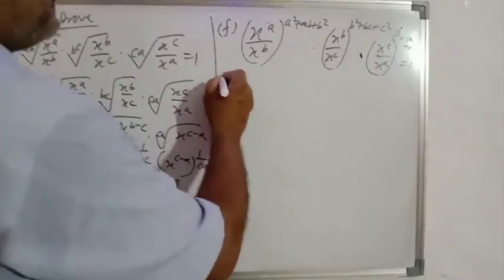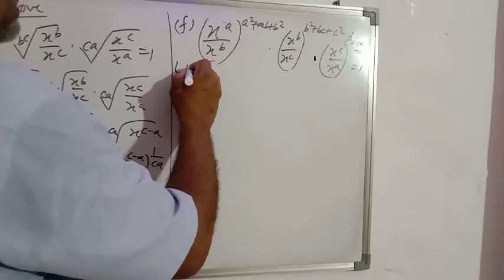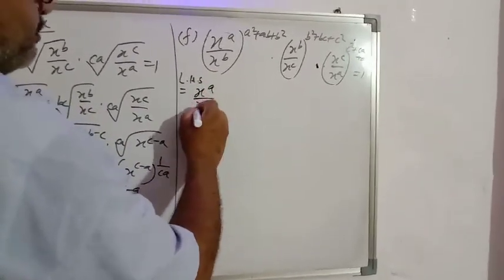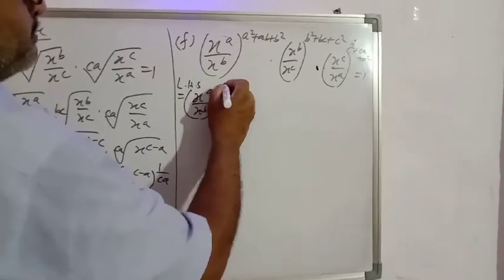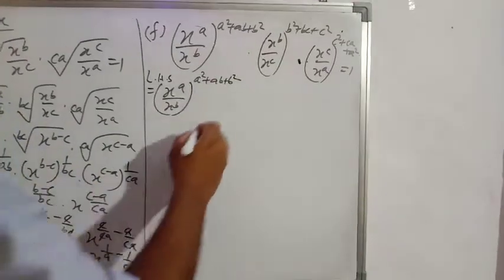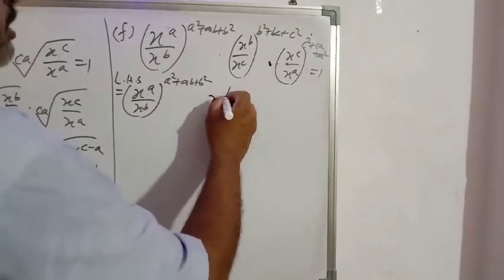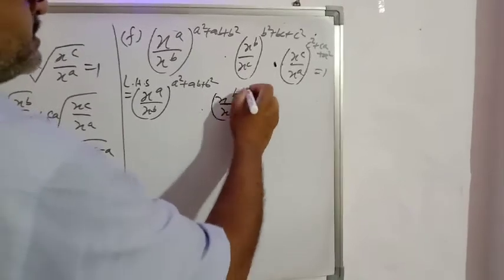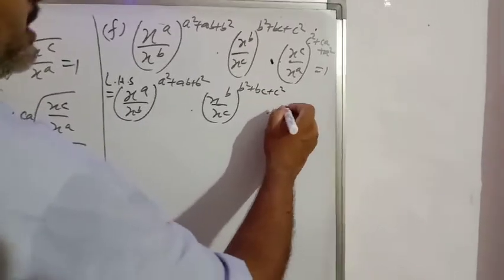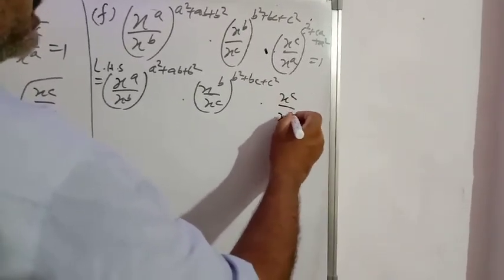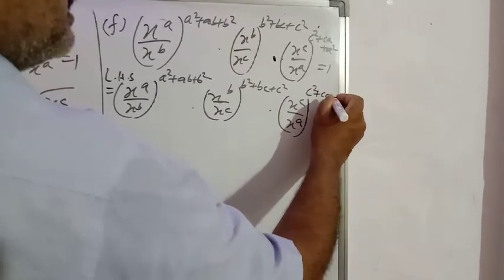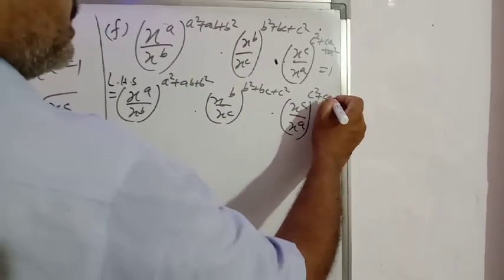In the F part, again take the left hand side. What is the left hand side? (X to the power a upon x to the power b) whole to the power a square plus ab plus b square, into (x to the power b upon x to the power c) to the power b square plus bc plus c square, into (x to the power c upon x to the power a) to the power c square plus ca plus a square.